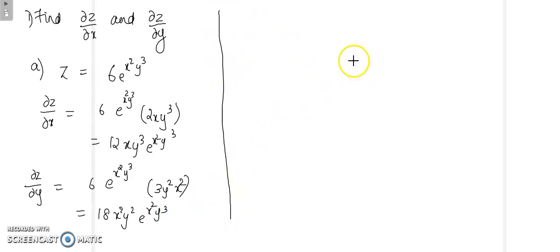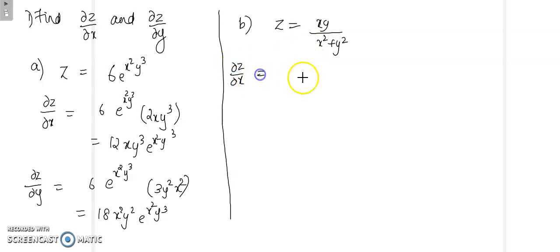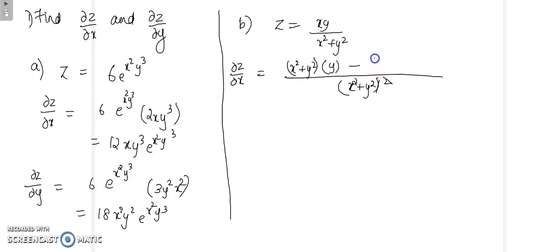Now let us look at the function z equal to xy by x square plus y square. So we need to find dou z by dou x. So using quotient rule, there will be x square plus y square whole square in the denominator, into x square plus y square into the derivative of xy with respect to x, which is y, minus xy into the derivative of x square plus y square with respect to x, which is 2x.